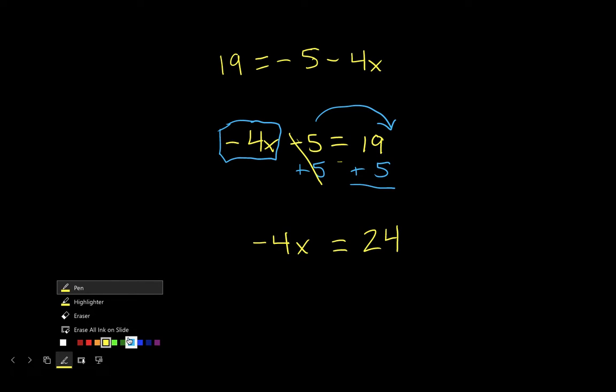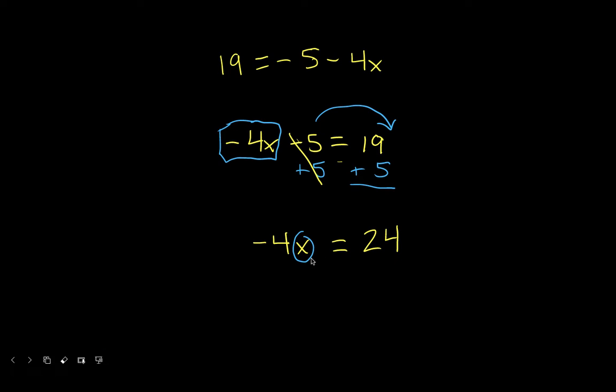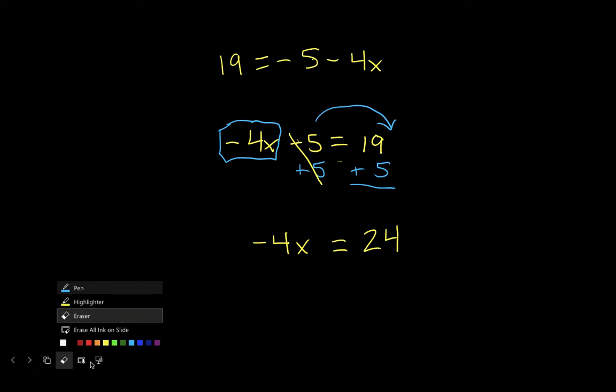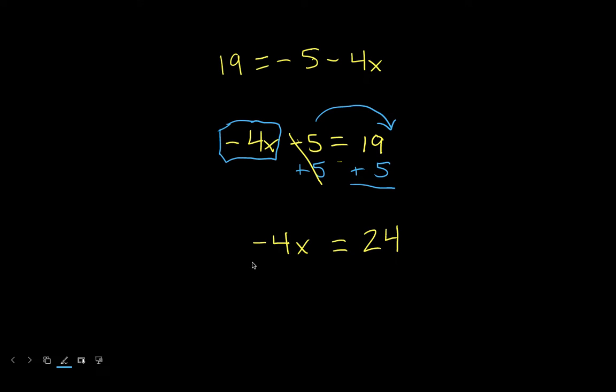Next, we need to get rid of all the coefficients and be left with just x. So to do that, we're going to do the inverse operation. And the inverse operation here is going to be division, since we're multiplying negative 4 and x. When we have two things next to each other, that means we're multiplying.